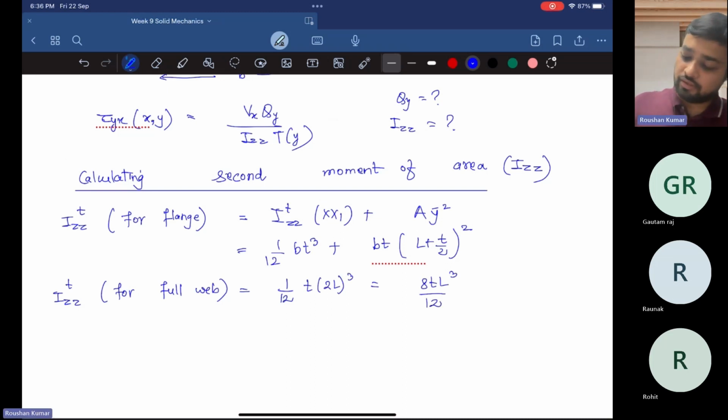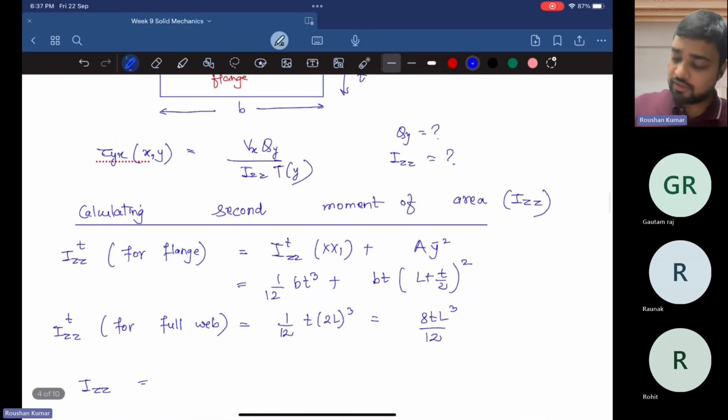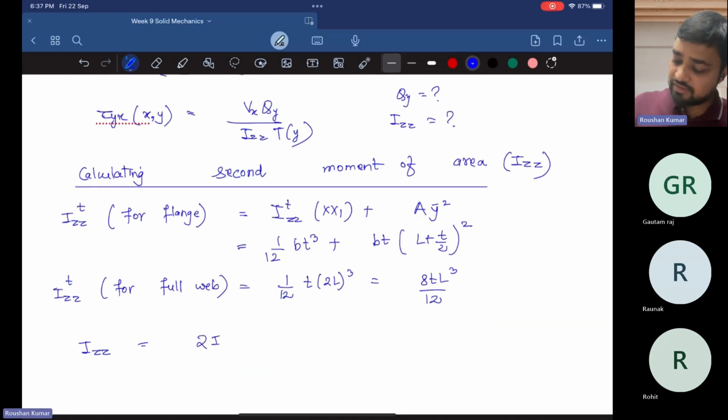Okay. Now the final second moment of area about neutral axis is given by, because we have two flanges, 2 times Izz of the flange plus Izz of the web.